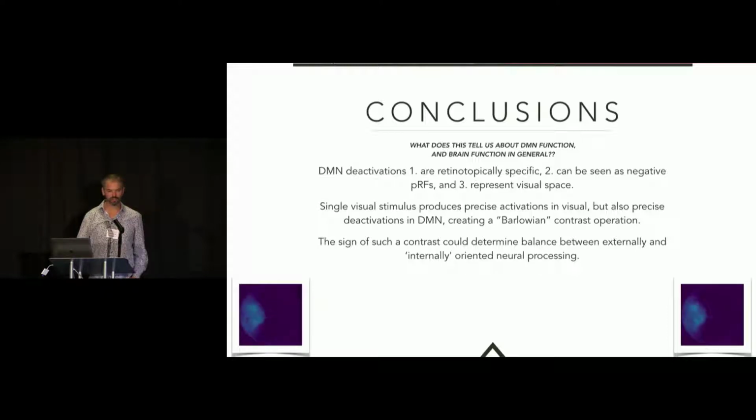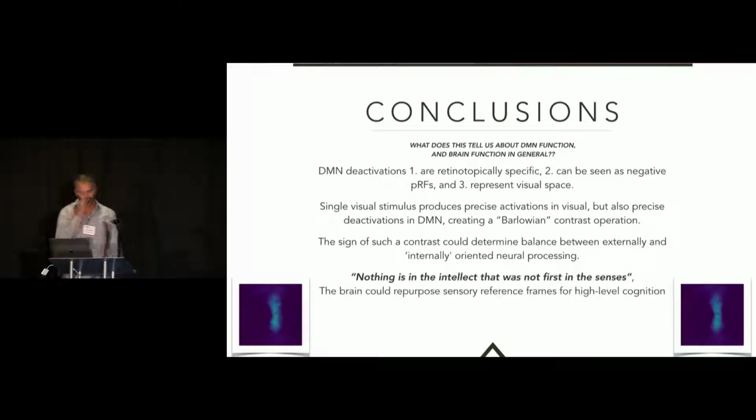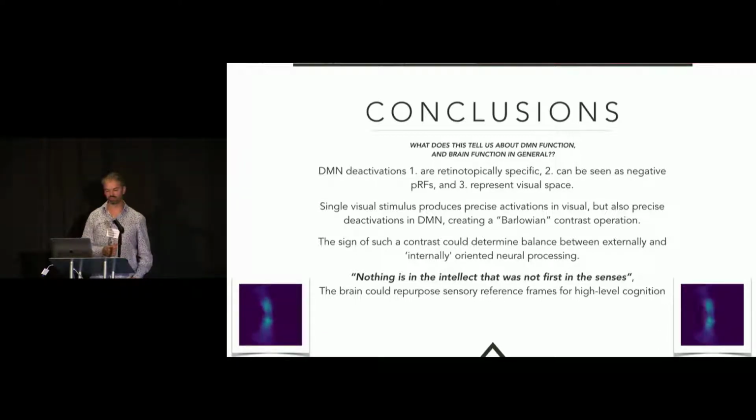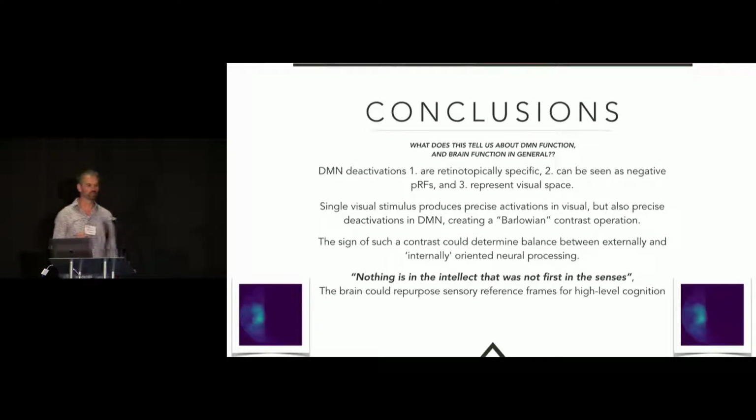Now, what I think is most interesting myself is that it harks back to this very old saying going back to Aristotle, where we can say nothing is in the intellect that was not first in the senses. And specifically, what I think this may mean is that the brain repurposes sensory reference frames to sustain higher level cognition, and perhaps this would be a way to investigate higher level cognition using these reference frames.